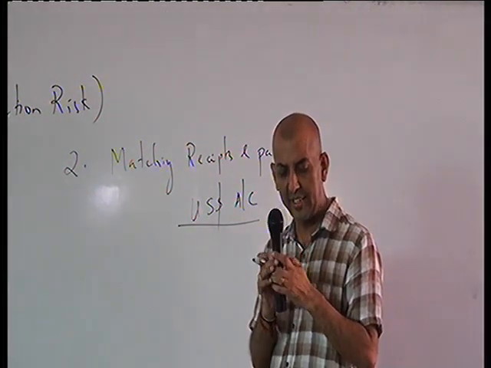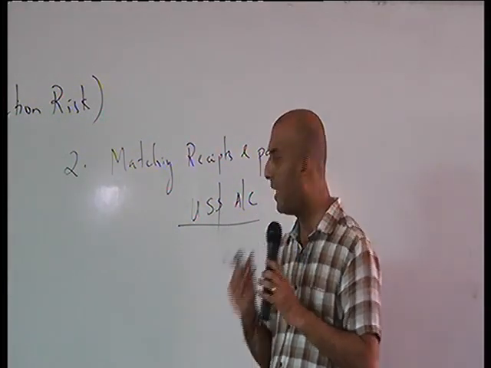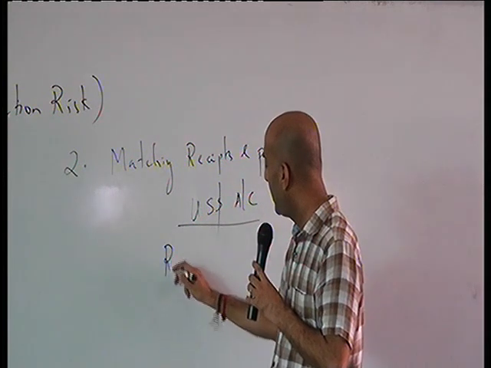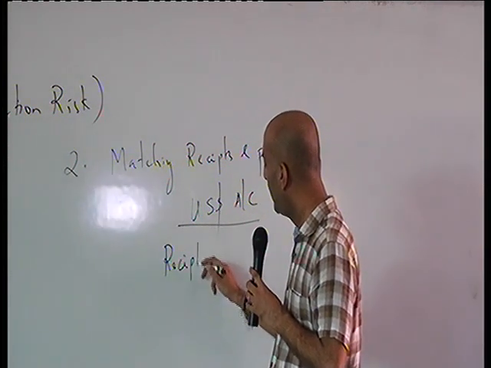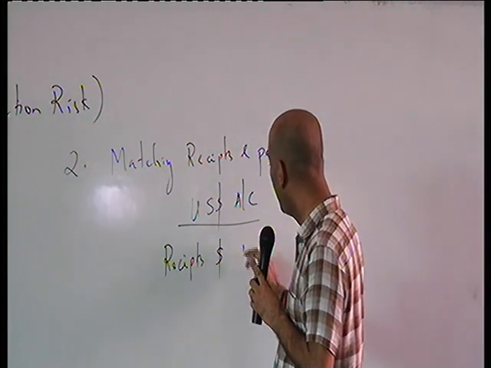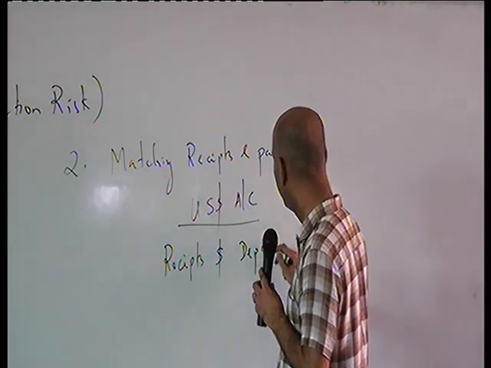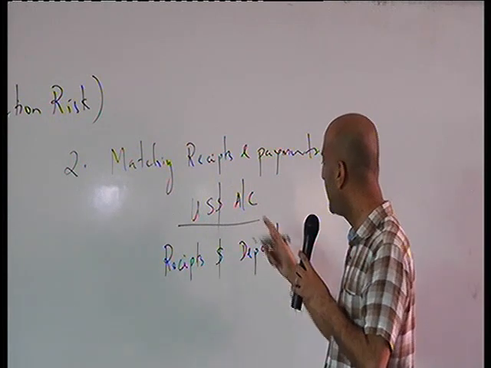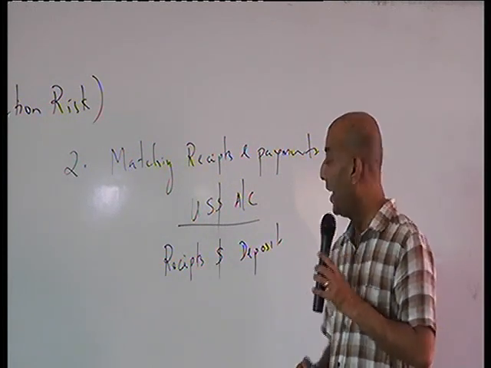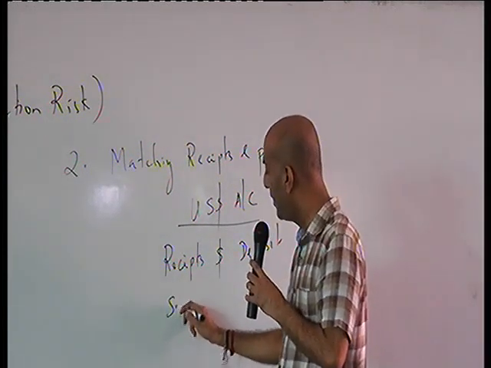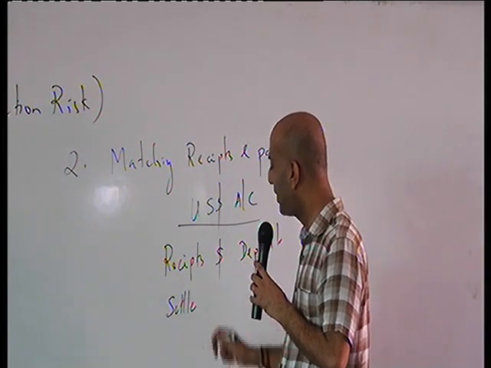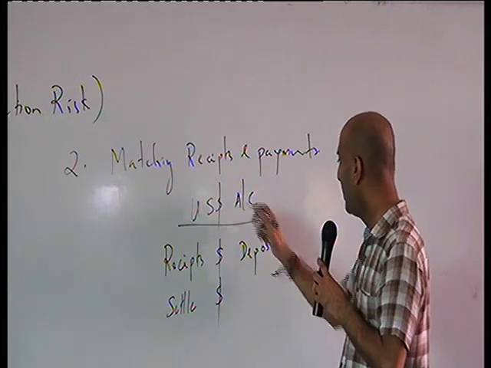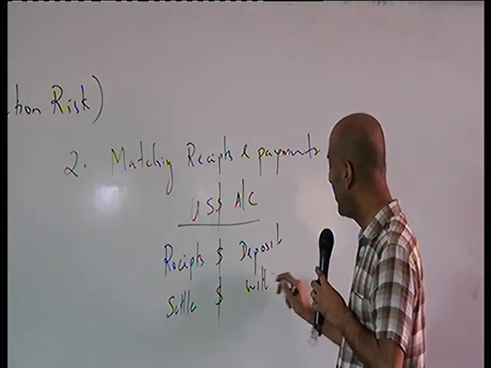When you get your foreign currency receipts, your dollars, you deposit them into that account. And when you settle your supplier, you get dollars from the same account as a withdrawal.